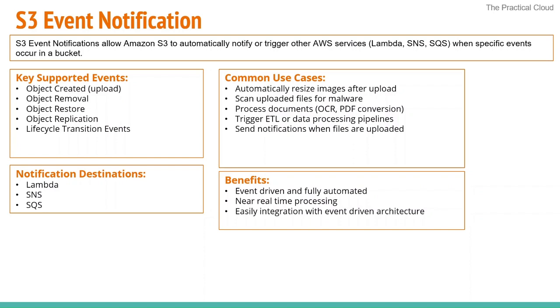Some of the common use cases are automatically resizing images after upload. If somebody is uploading big size images and you want to reduce the size of the image, you can do it in real time by invoking the Lambda.